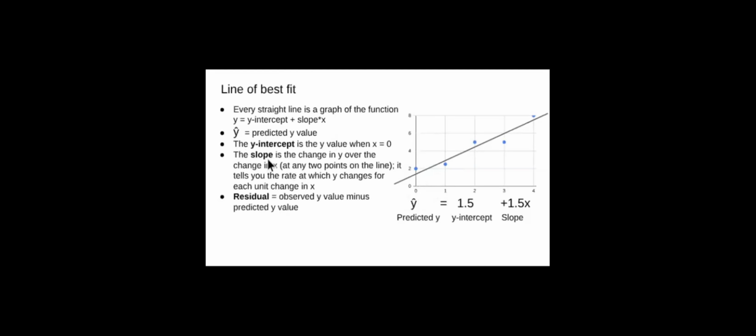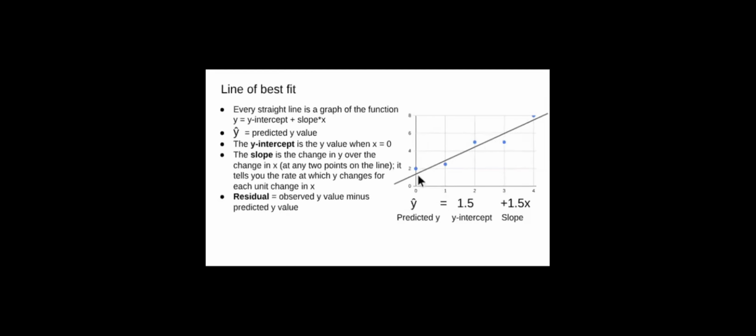And the slope just means how steep this line is. And the way you calculate it is you take any 2 points on the line and you do the change in the y divided by the change in the x. So in this example, the 2 easiest points to see would be this point here, which, as you can see, is y is 6 and x is 3.